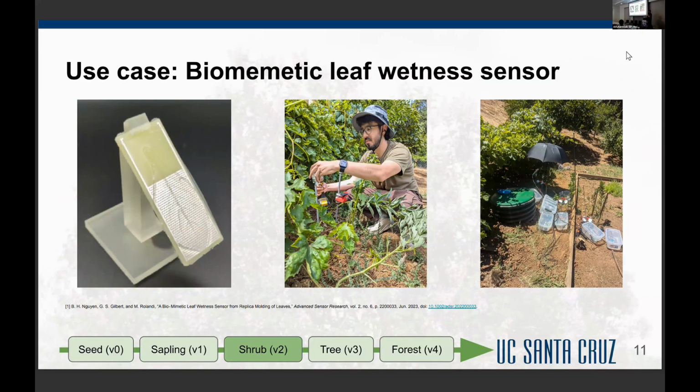Through these experiences, we developed the ENS platform further and worked with a group doing biomimetic leaf wetness sensing for disease detection, where we were able to do such a field deployment, monitoring leaf wetness durations over time.